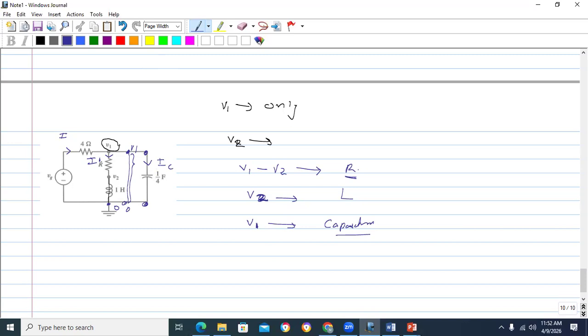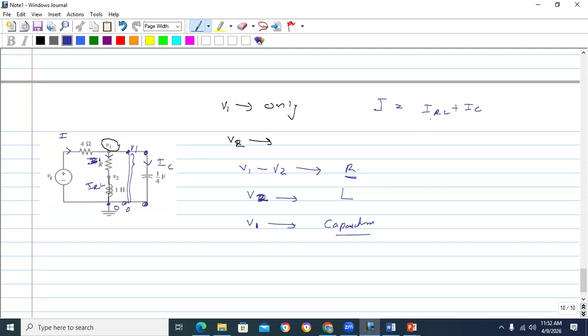This is the current flowing through the resistor and inductor, so I will write it as IRL. So you know that I is equal to IRL plus IC.